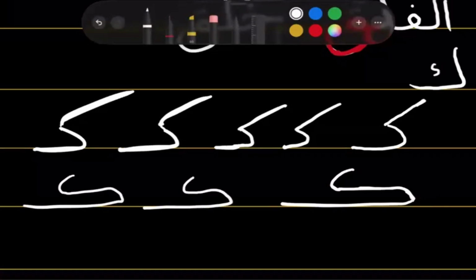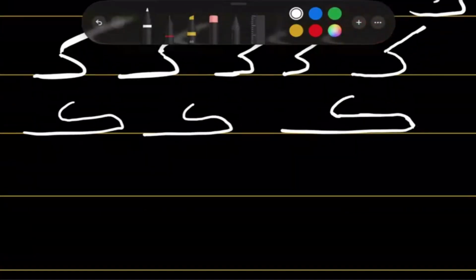So that's the beginning of the word. And in the middle of the word, it's like that. It's just connecting from the letter before it. So if you want to do the standard one, you're going to have the line coming from the letter before it, but go up. There, you got a ramp there.